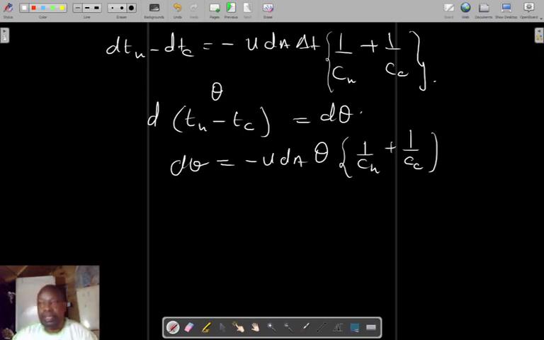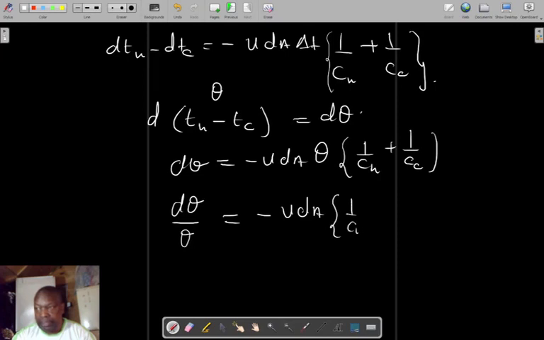Okay, so reorganizing the expression, we have d theta over theta is equal to minus U dA into bracket 1 over CH plus 1 over CC.